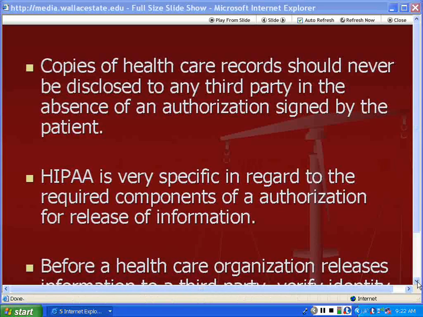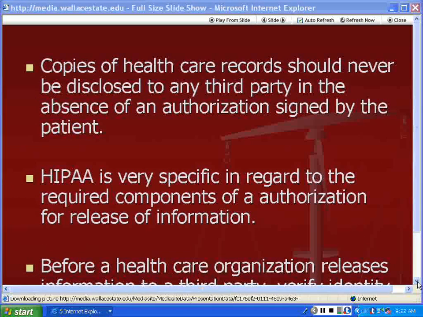If we're doing it through the mail, and, for example, the patient has given a valid authorization to send information to an insurance company, and we send it via the mail to that insurance company, it should only be opened by the addressee. And so it doesn't mean that we have to verify the identity in the same way.